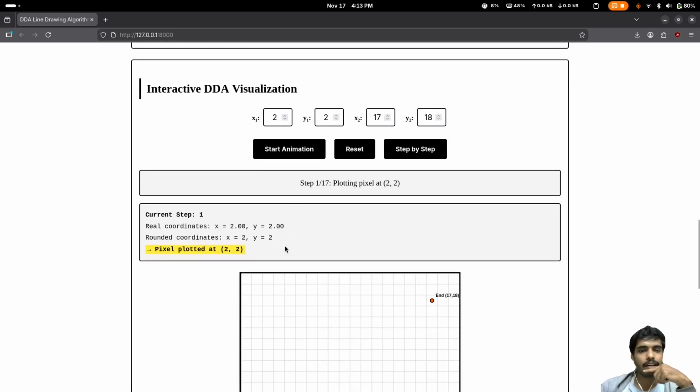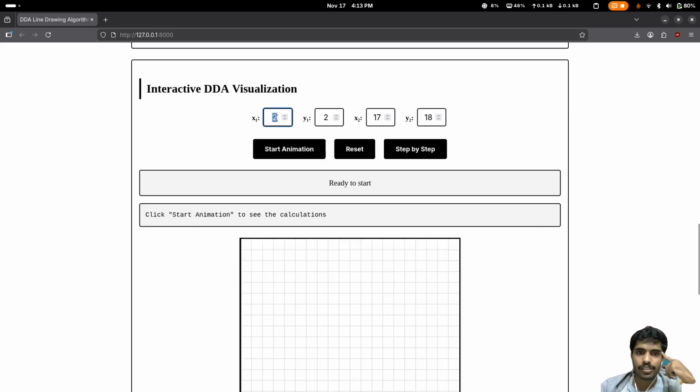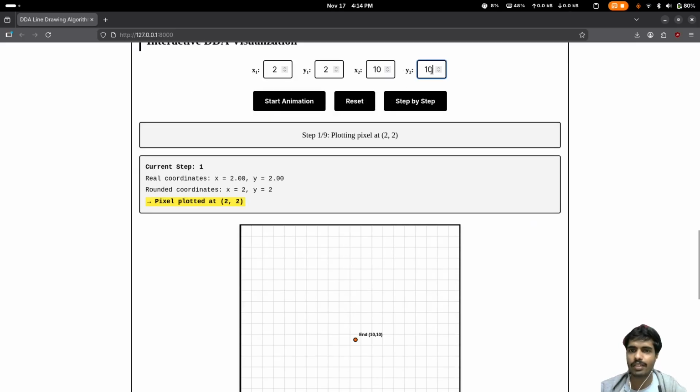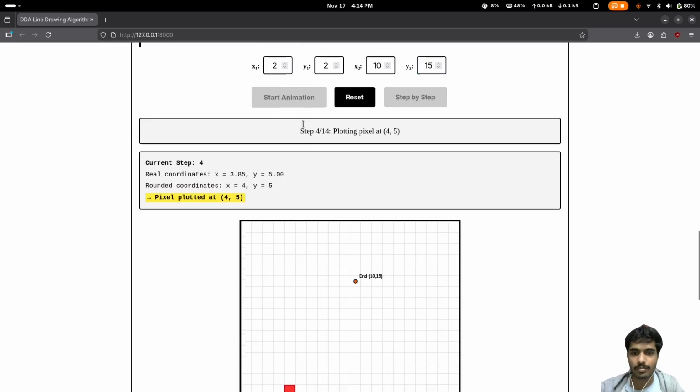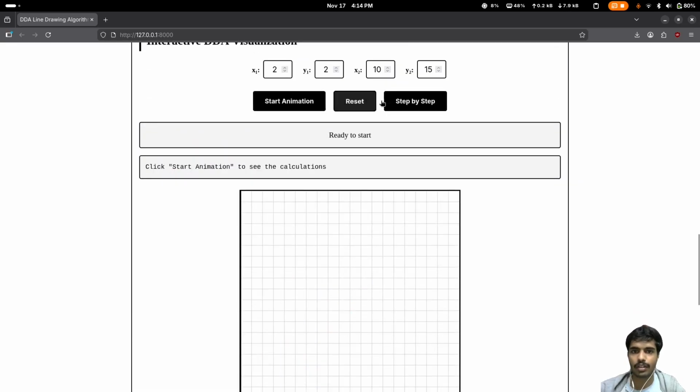So here's a very simple implementation of DDA. Here we defined the initial points x1 and y1 as 2, 2. Let's tweak it a bit. Let it be 15. Now reset it, start the animation. Yes, it's now working.